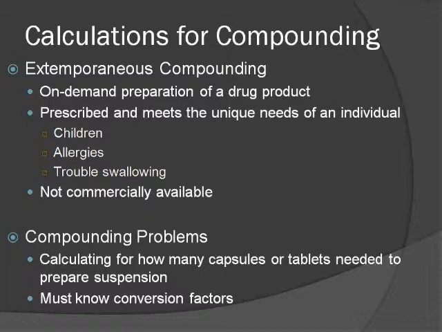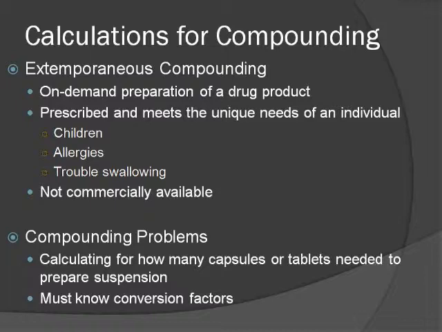And lastly, this can be for cases in which a product is just not commercially available. Such is the case when we have different dermatological type ointments or creams that we're trying to get the right formula for, maybe a little bit of this antibiotic, maybe a little bit of this steroid to help with this particular patient. So it can be very helpful if a particular item is not commercially available.